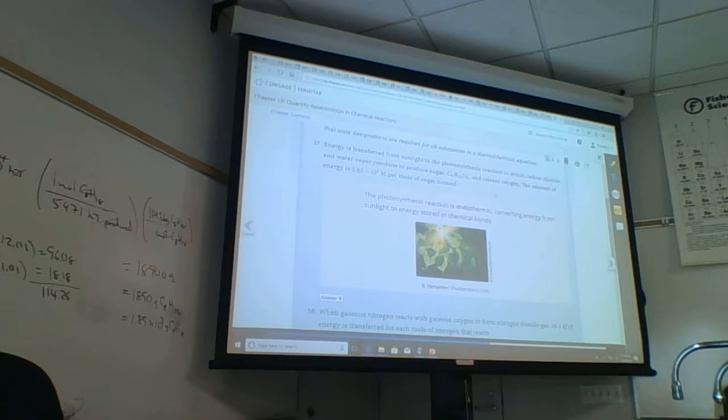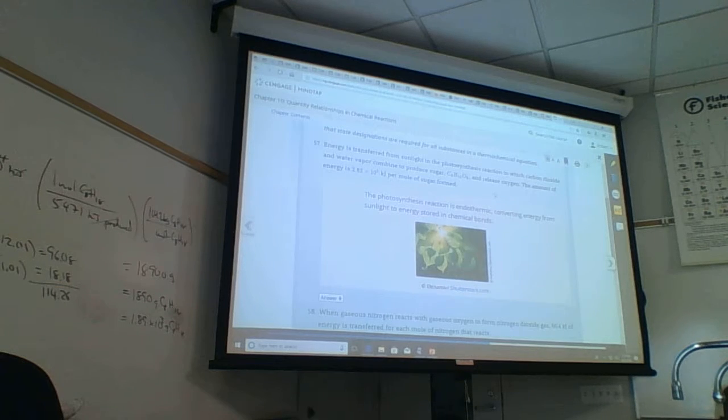Or the other way of writing it is 6 CO2 gas plus 6 H2O liquid plus 2.82 times 10 to the third kilojoules is going to produce C6H12O6 solid plus 6 O2 gas.